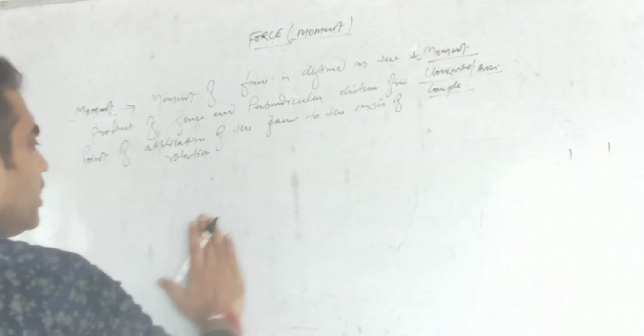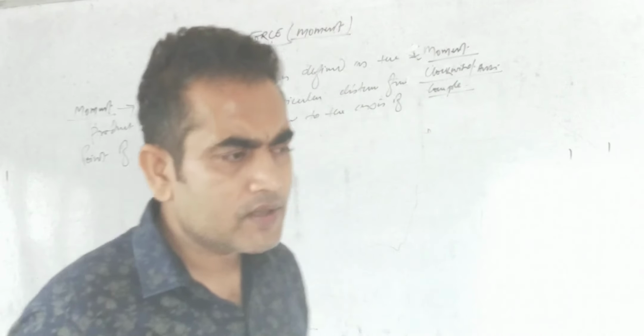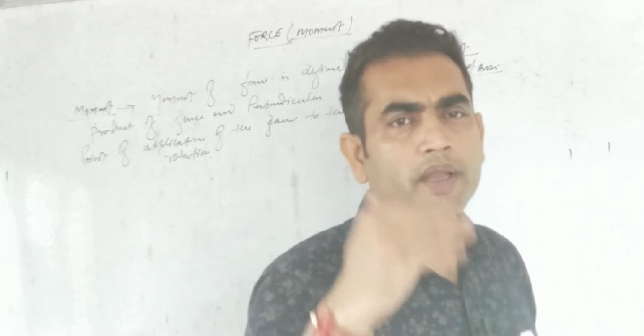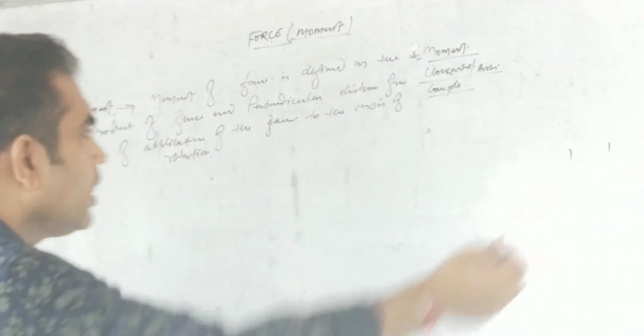Now we got the moment, we understood the moment, simply the product of force and the distance, and the distance should be the perpendicular distance from the axis of rotation to the point of application.